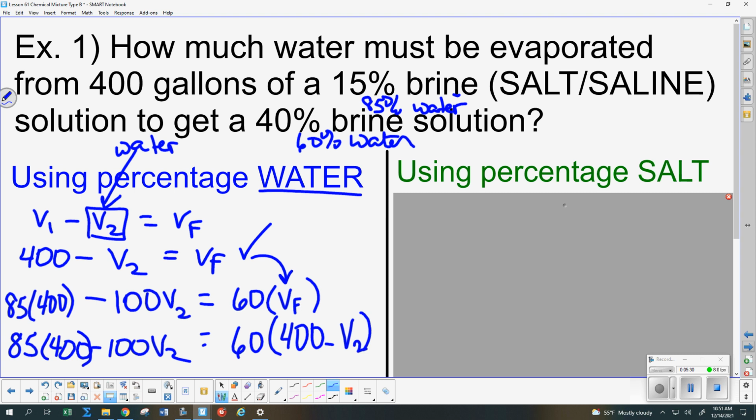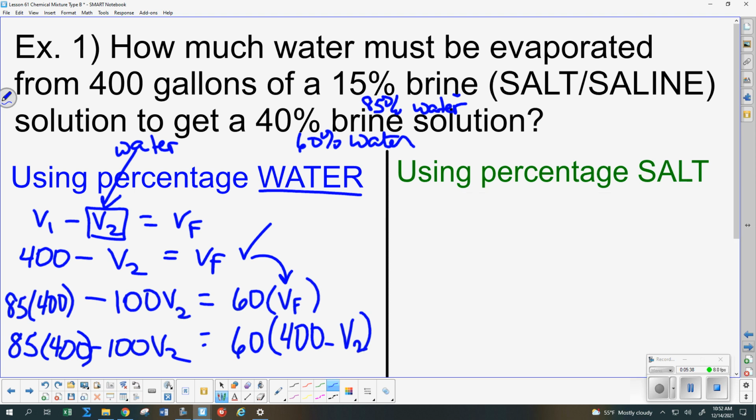I'm going to do my other setup, and then I'm going to decide which one seems easier and pick one of these two ways to solve it. So if I do it with the percent salt, I still have V1 minus V2 is VF. So I still have 400 that I start with, minus V2 is VF. What changes is this next equation, I'm going to use the salt percents.